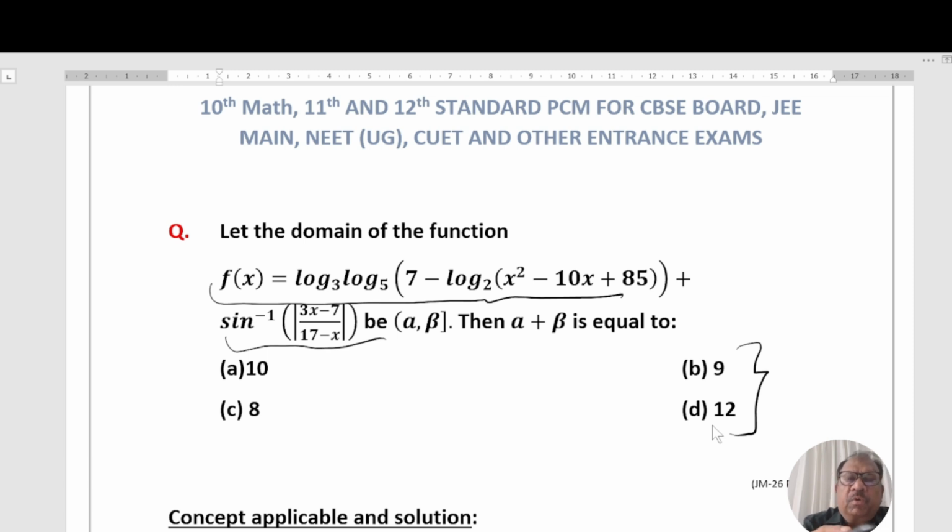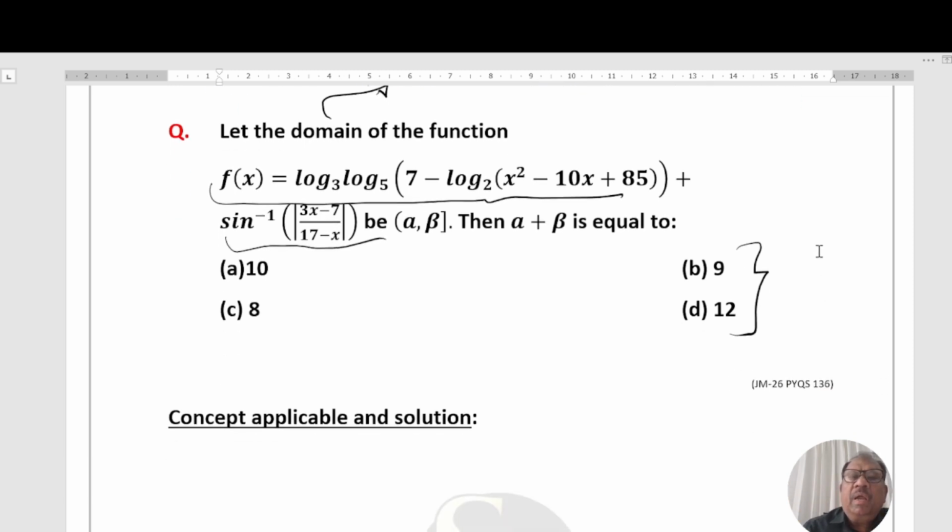In this case, first of all, I define domain is the set of all values of x for which the function is defined. And if y equal to log of f(x), it is defined if f(x) is greater than 0.